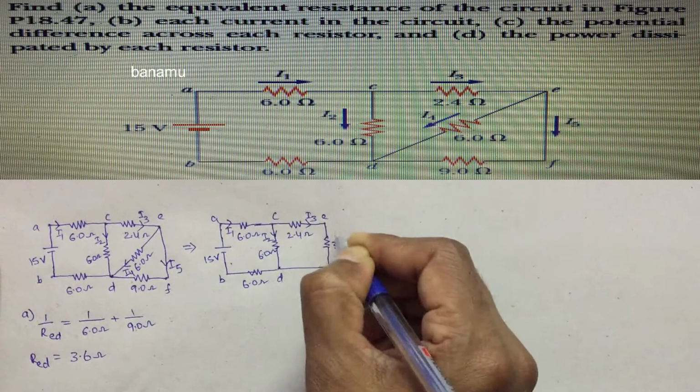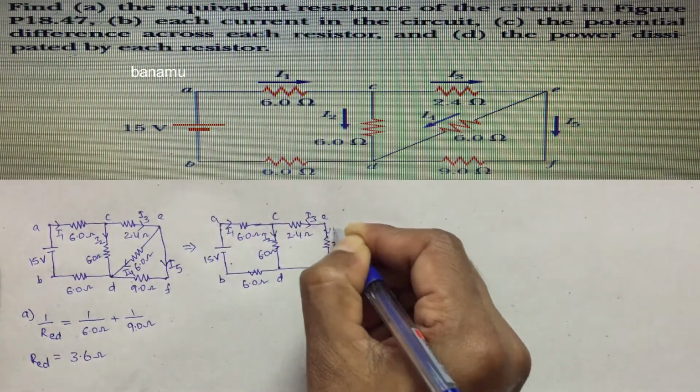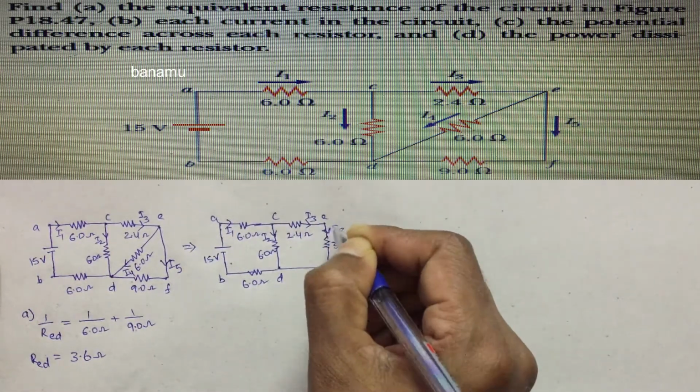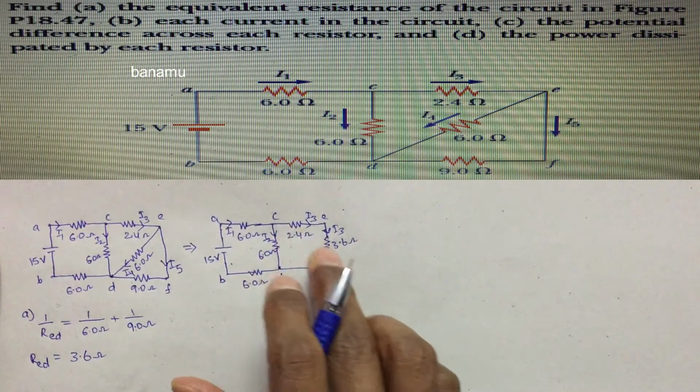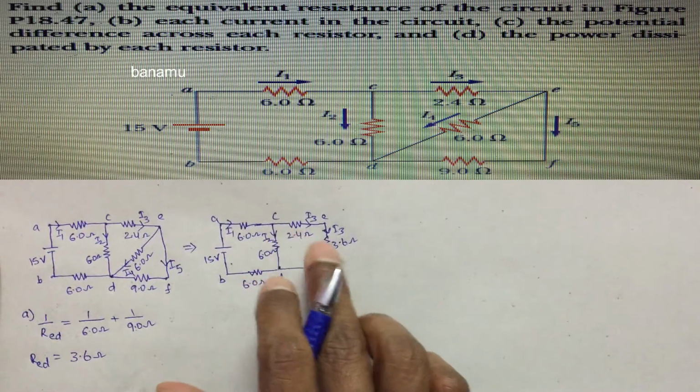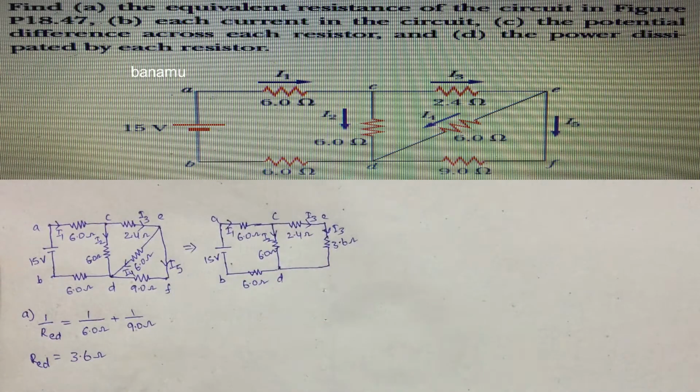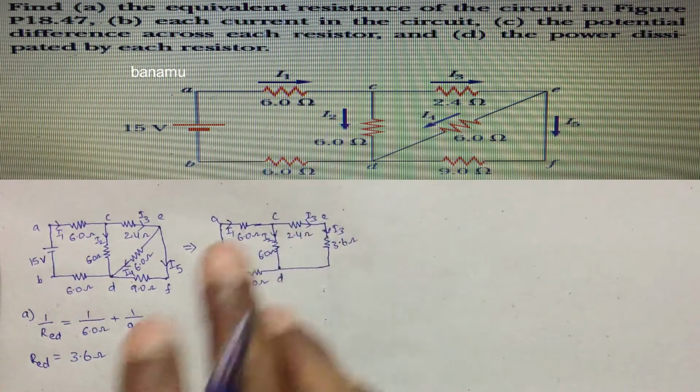So, the current through ED is I3, because the resistances 2.4 ohms and 3.6 ohms are both connected in series. In a series circuit, the current is the same at any resistance. So, I3.